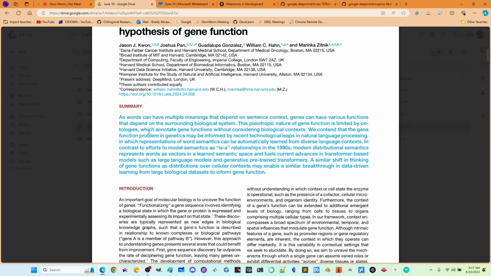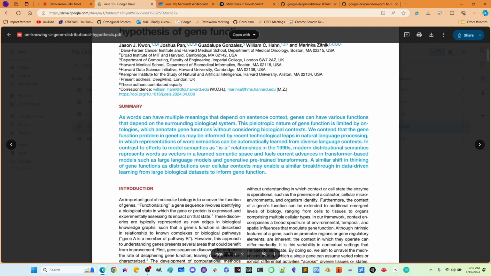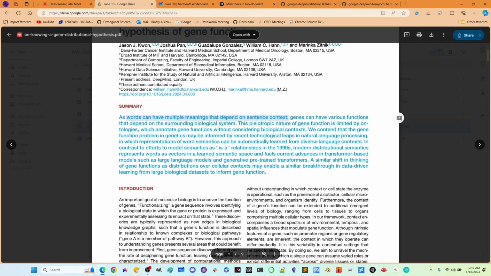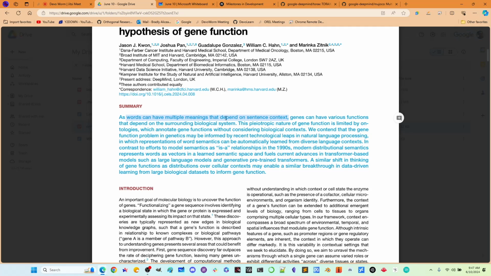So the summary of this reads, as words can have multiple meanings that depend on sentence context, genes can have various functions that depend on the surrounding biological system. So they're drawing from this analogy between sequential symbolic systems like words and sentences, and genes and their function and the surrounding biological system.